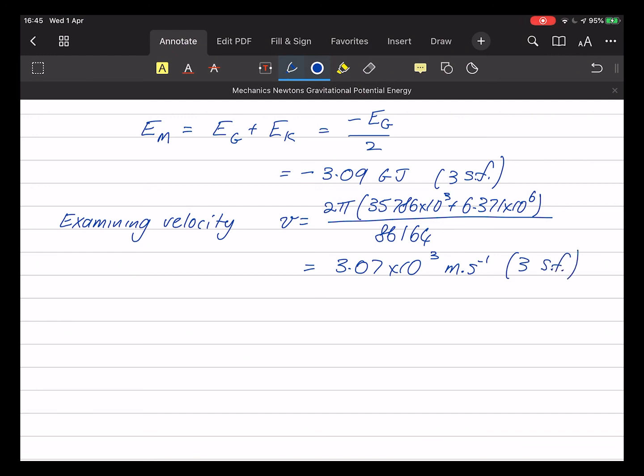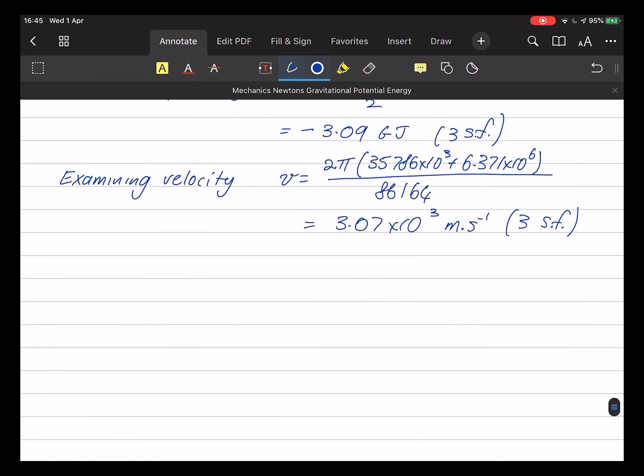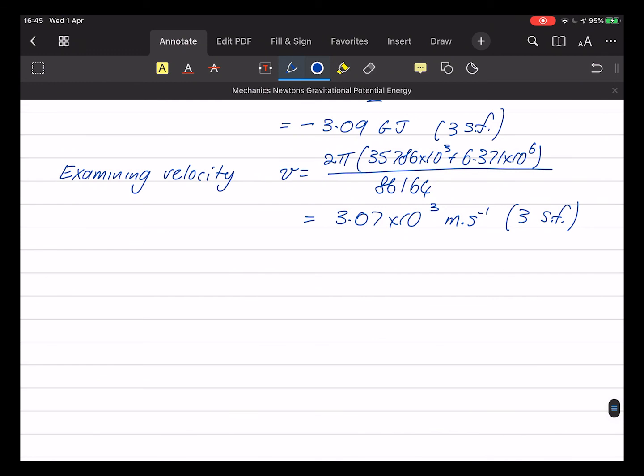Nicely to 3 significant figures as well. So 3,000 meters per second, 3 kilometers per second. Not too shabby. And I think from last lesson, the low Earth orbit, we calculated to be, was it 7 or 9? 7 kilometers per second at 2,000 meters up.